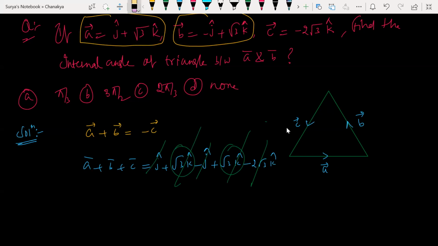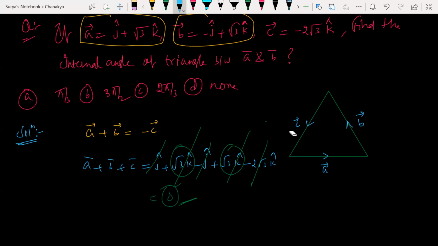So I'm getting 0. Summation of A, B, C gives me 0. So they should be in the same direction, right? Yes or no, people? If I'm getting 0 here, that should be the same direction. That is the reason I'm taking all the vectors in the same direction. Hope it is clear to every one of you.